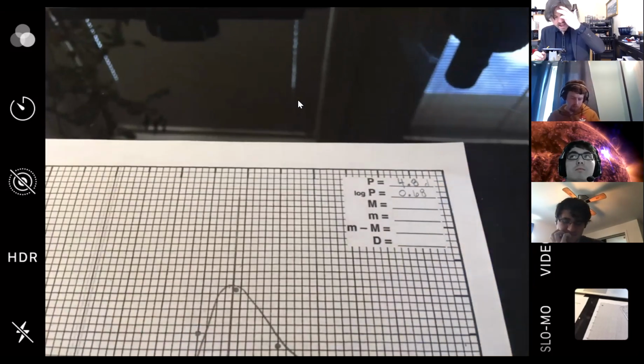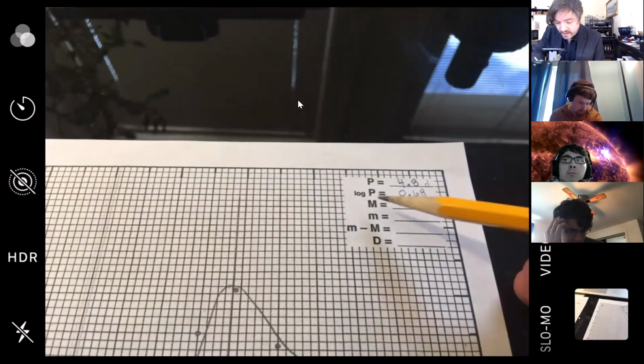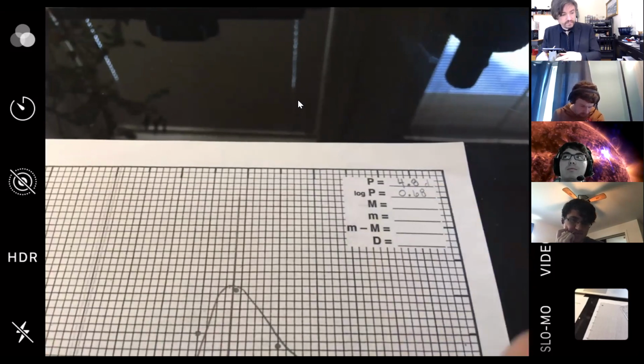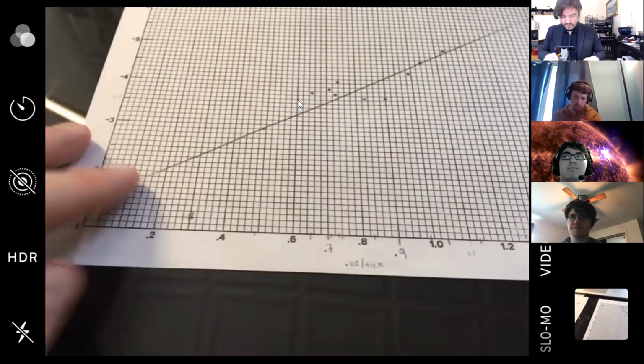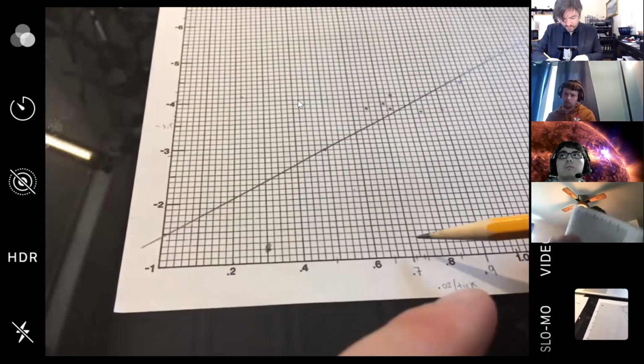Okay. Now, remember how we had a period luminosity relationship before? That's how we're going to get our big M. So, go to the other side. Let's find 0.68, which is just before 0.7.